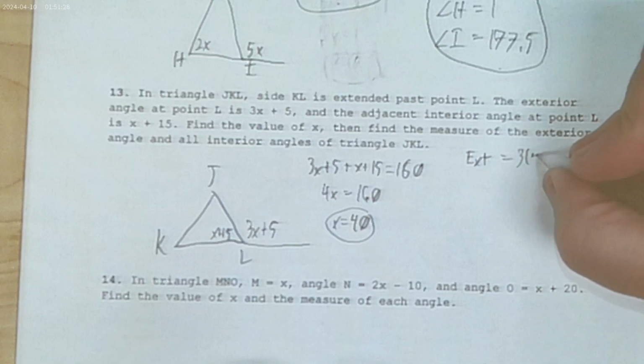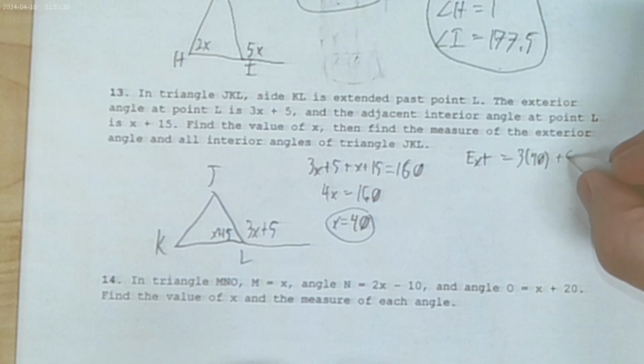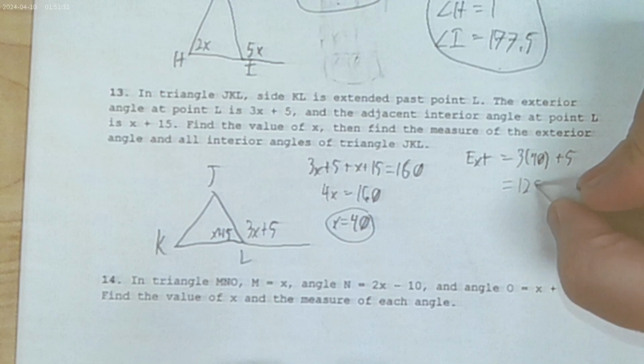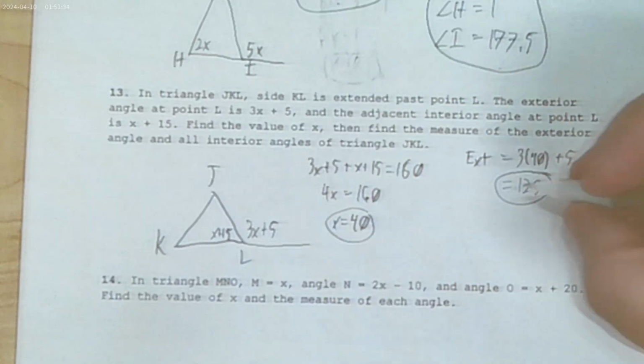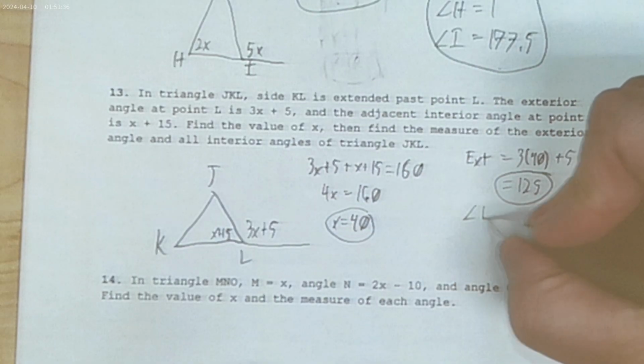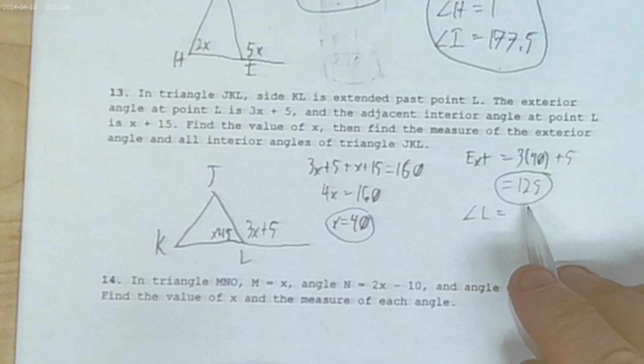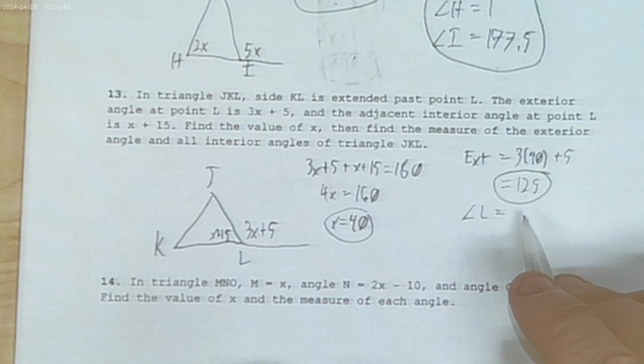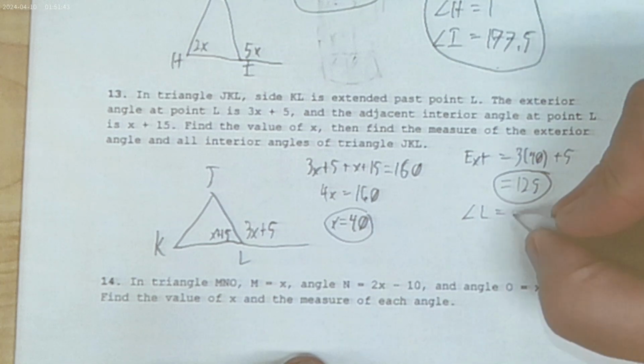So 3 times 40 plus 5 is equal to 125. So angle L equals 180 minus this. So that's going to be 155. Yeah, it's going to just be 55.